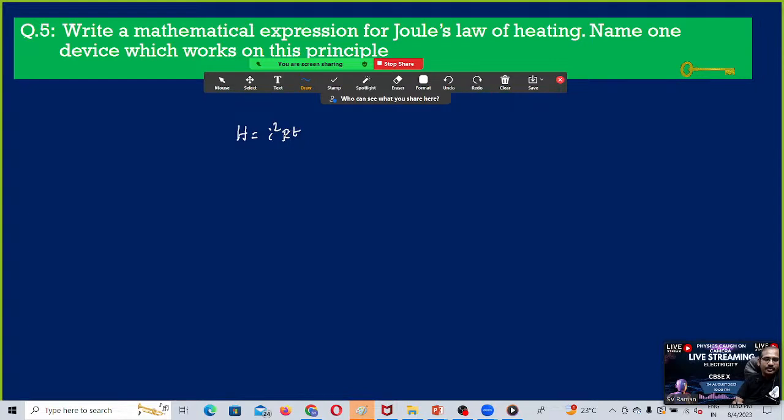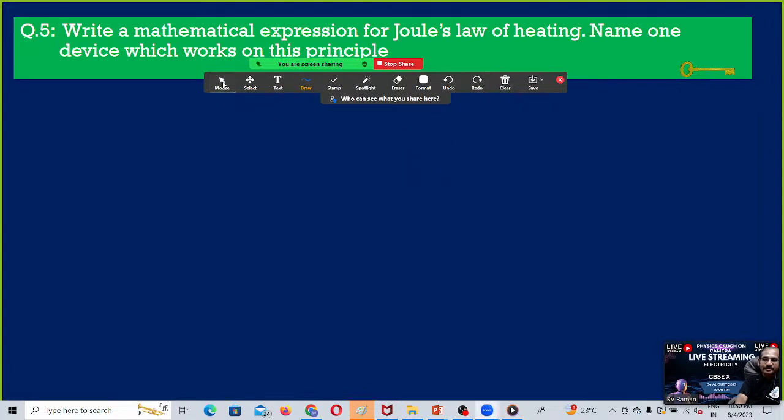This is the mathematical expression. And for the name of the device, let's say iron box, heat oven, geysers. These are all the device names we can write.